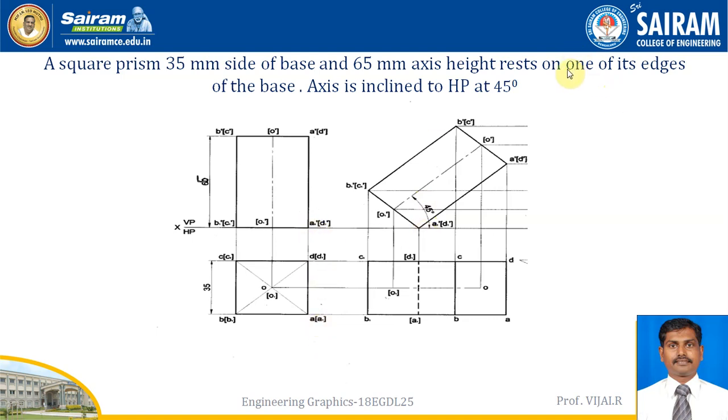Since it rests on one of its edges, this is the edge we are keeping and we are rotating the prism about the edge, keeping the axis inclination at 45 degree. In the case of a prism, the axis and the vertical edge will be parallel, so we can rotate this 45 degree so that it will be equal to 45.